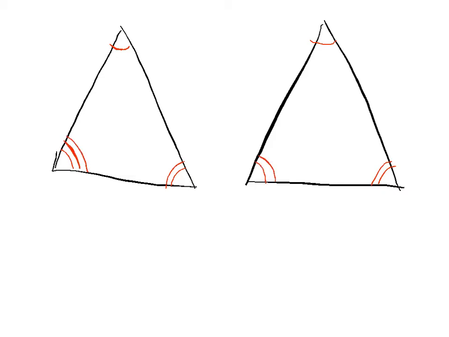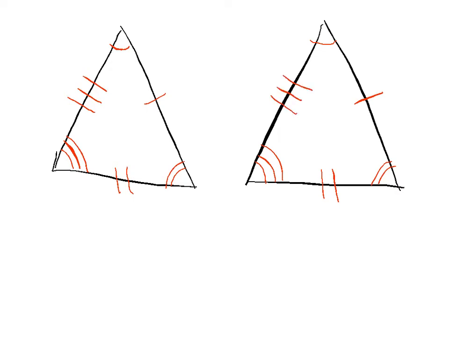In the last section, we talked about congruent triangles and basically said that if two triangles have all of their corresponding angles in common, and all of their corresponding sides in common, then the triangles are congruent.